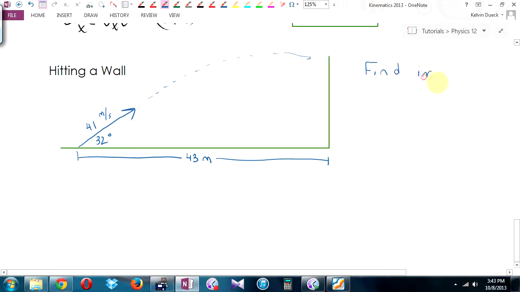Find impact velocity, magnitude, and direction.